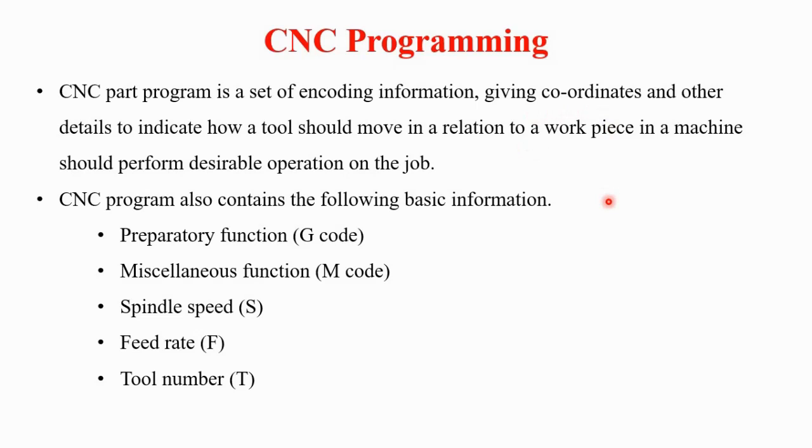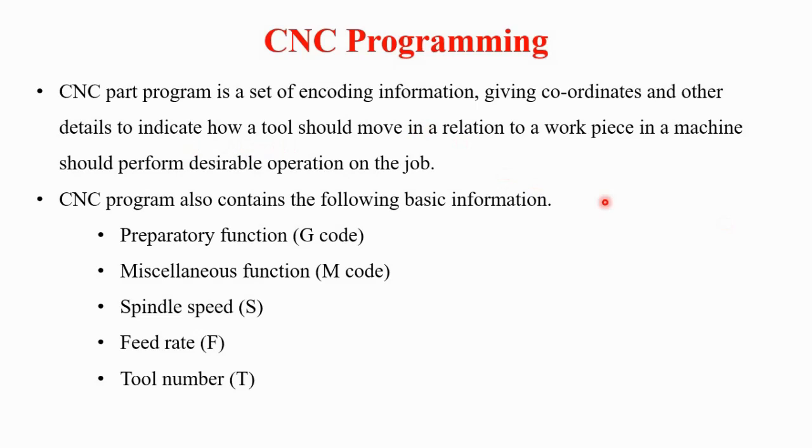While performing these operations, the machine should follow the tool path, or the tool should move from one point to a second point or third point in this way. This encoded information gives functions to the tool in order to perform operations on the job.